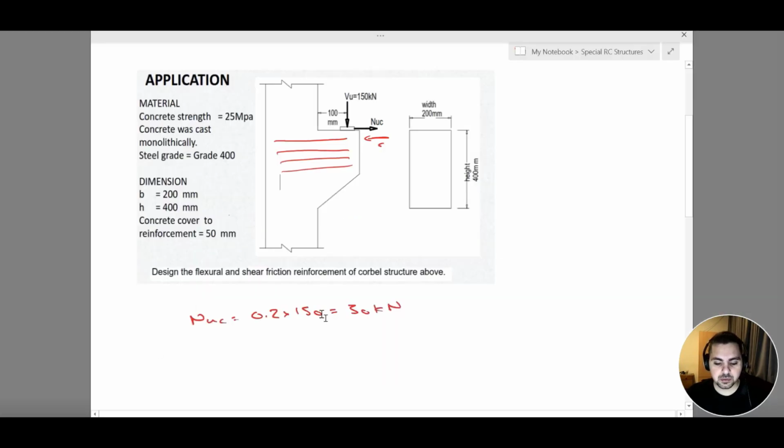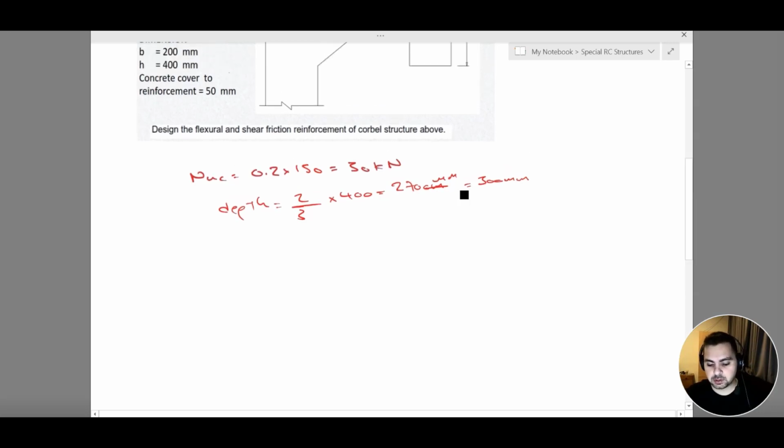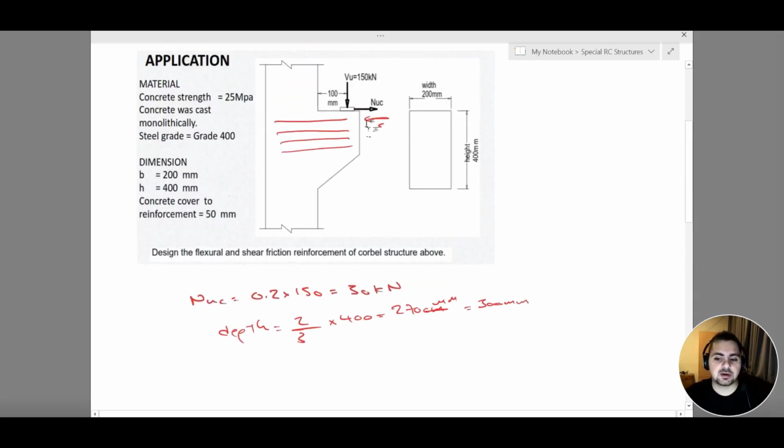So this means that my depth for shear reinforcement is going to be 2 over 3 times 400, which equals 270 centimeters, or millimeters, I'm sorry. Now we are going to round this up to 300 millimeters. So this is basically the depth at which I am going to distribute my shear reinforcement.